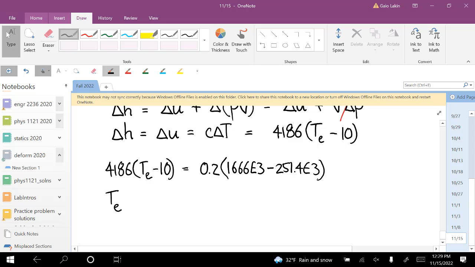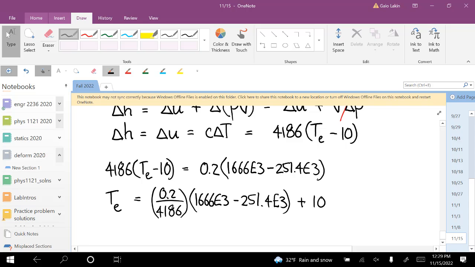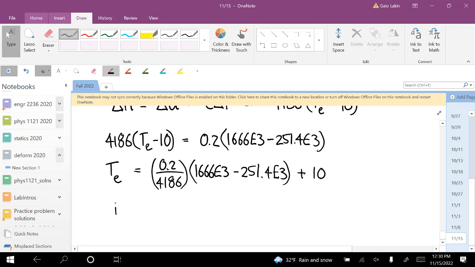And so the temperature of the cooling water at the exit is 0.2 divided by 4186 times the quantity 1666 times 10 to the third minus 251.4 times 10 to the third, plus 10. And so the temperature of the cooling water at the exit is 77.6 degrees Celsius.